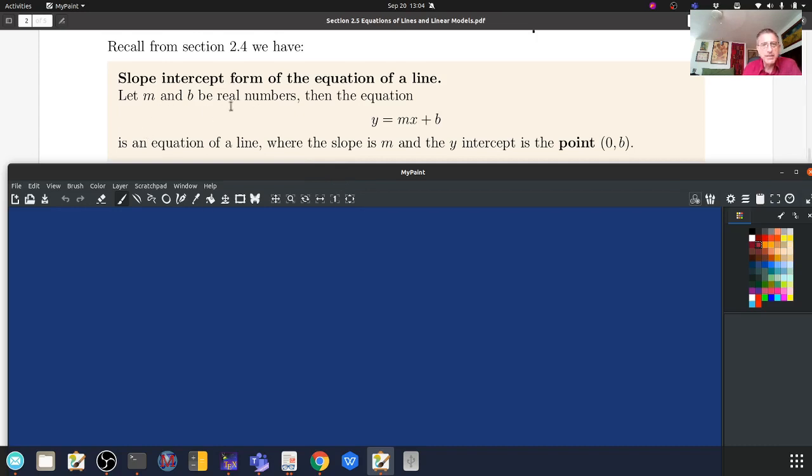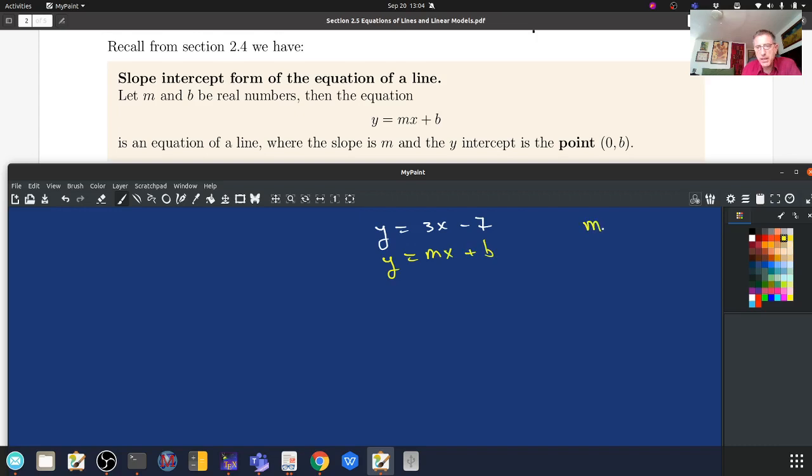So let m and b be real numbers, then the equation y is equal to mx plus b. Let me give you an example of one. We actually just did one. y is equal to 3x minus 7. So let's compare that to y is equal to mx plus b.